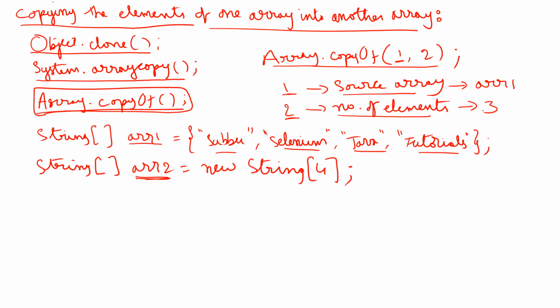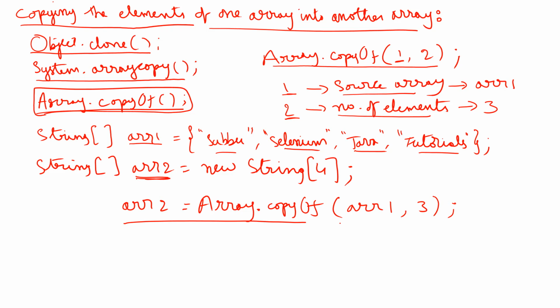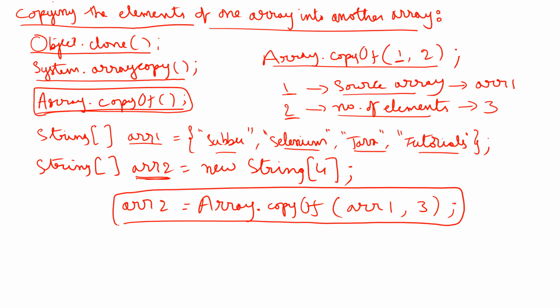And how do we assign these values to the second array? What we can do is ARR2 equals to Arrays.copyOf. The first one is the source, ARR1, comma, the number of elements I want to copy is 3. So this is how we can use the Arrays.copyOf method to copy the elements of one array into another array.